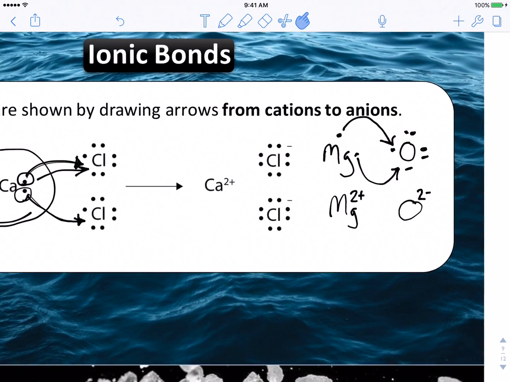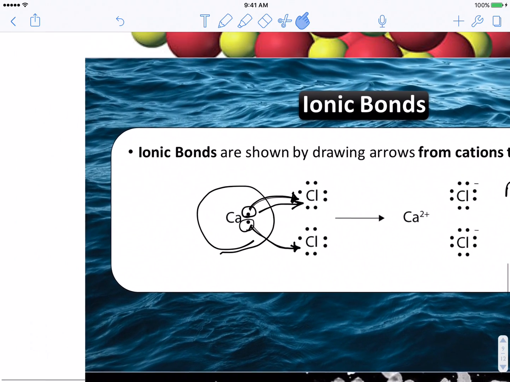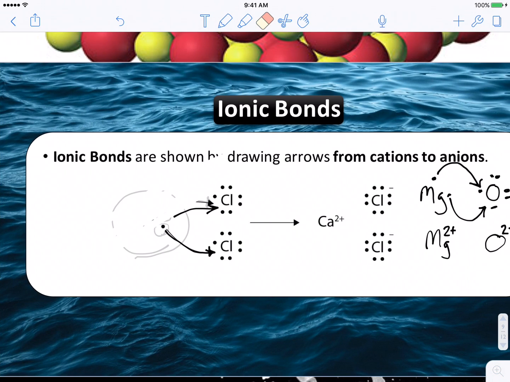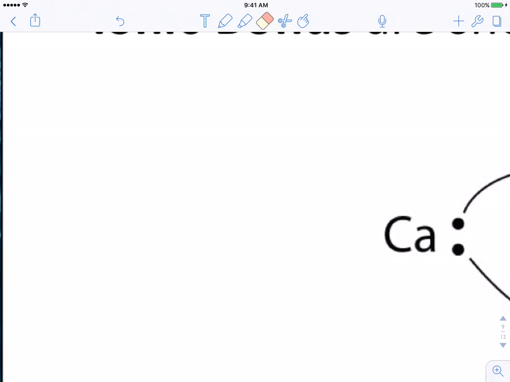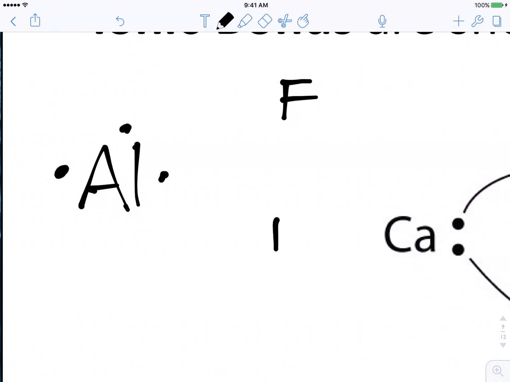Let's do another one, AlF3. I'm going to do that on this side. Aluminum has 3 valence electrons. Fluorine, we need 3 fluorines in this, so we're going to draw our Lewis structures.